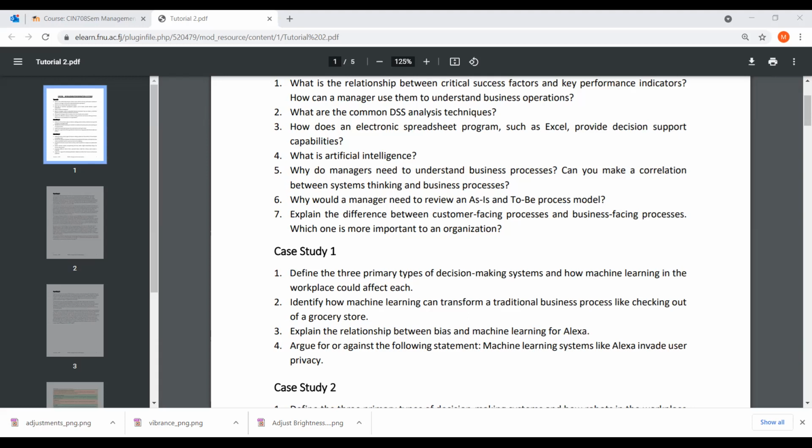Anyone else has a different answer? No? So that means all of you agree with manager level?